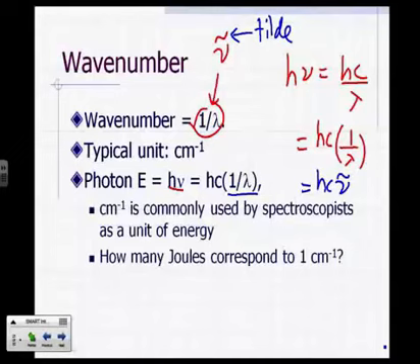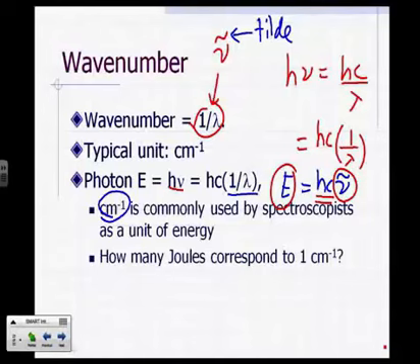Reciprocal centimeter is commonly used by spectroscopists as a unit for energy. Why is that? Well, the energy of the photon is equal to some constant times the wave number, so it's directly proportional to the energy. Since in spectroscopy we're primarily dealing with the energy of light, and wave number is directly proportional to energy, it's used as a unit of energy.